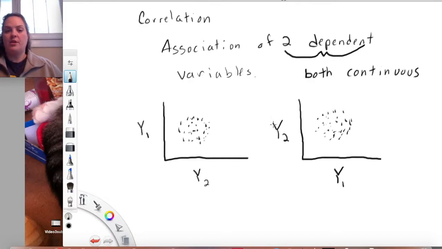So both continuous. Y1 could be 0 to 50, Y2 could be 0 to 100, and vice versa. So correlation has two continuous dependent variables.